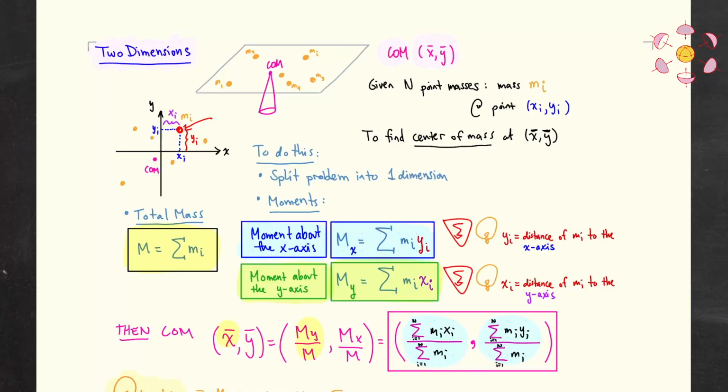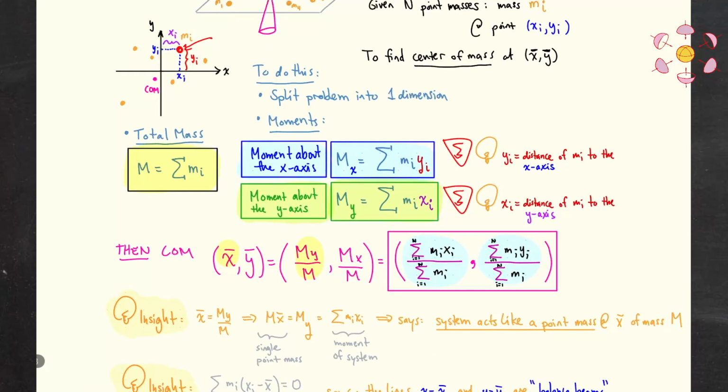All right, so summing these up, again, this is what we call the discrete case, where we just have a finite sum of particles with different masses floating around in some sort of plane. But if we work out the algebra, it is as follows. The formula for x bar is My over m. If you just focus in on the actual formulas, you've got the sum of mass i times xi in the numerator, and that's the x position.